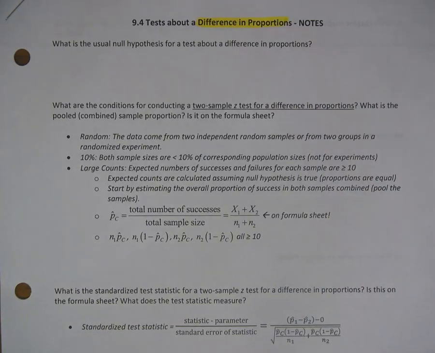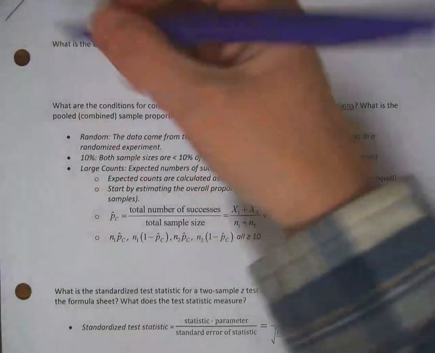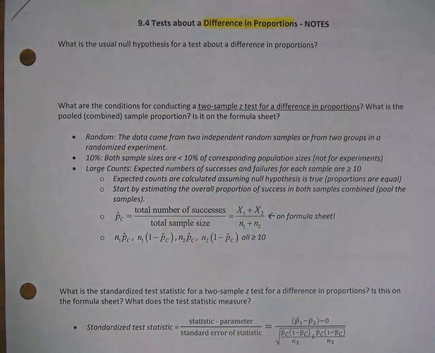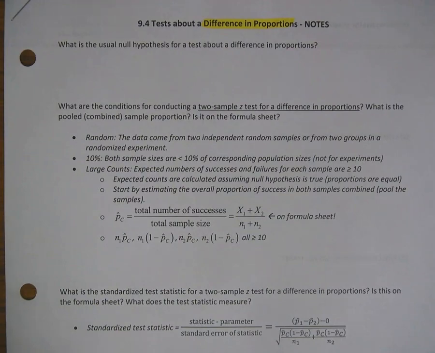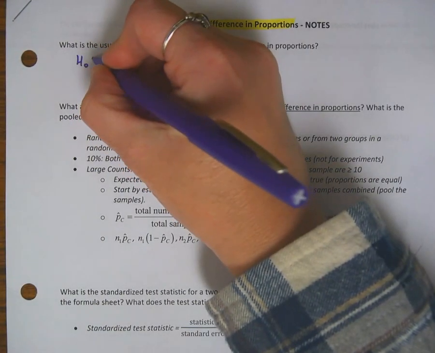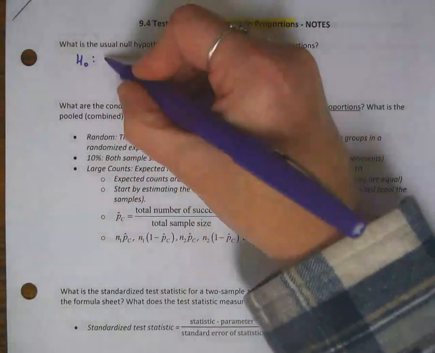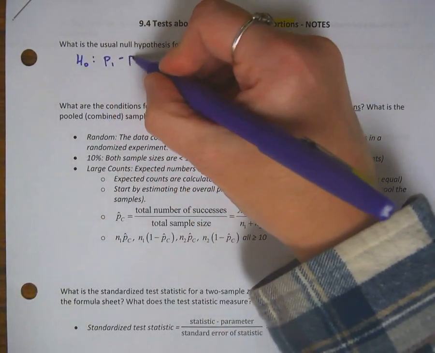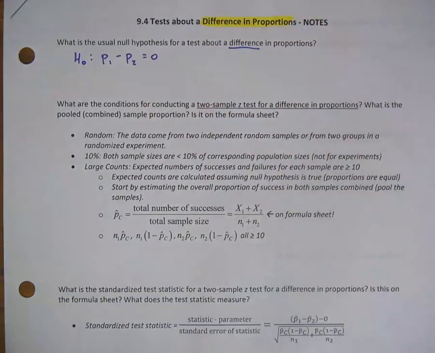And so the null hypothesis, the good news is the null hypothesis is going to be the same every single time. What's the usual null hypothesis for a test about a difference in proportions? We're always going to assume the null hypothesis is true. Think about what this says.